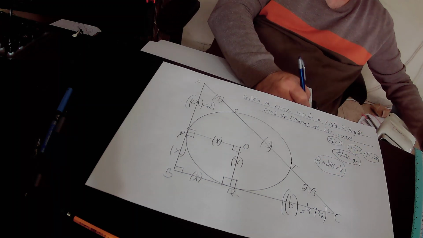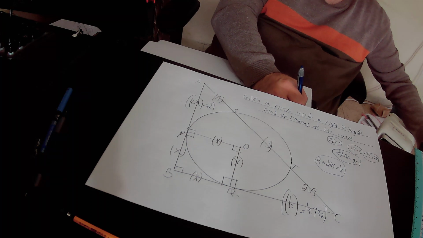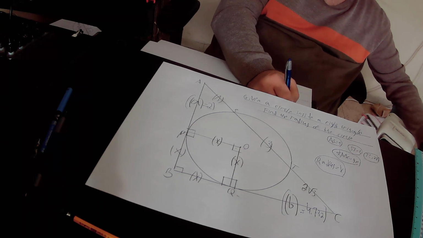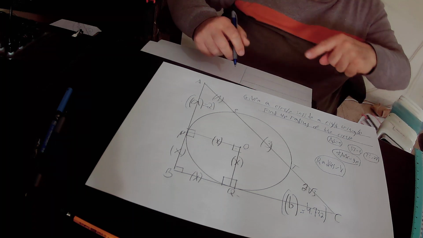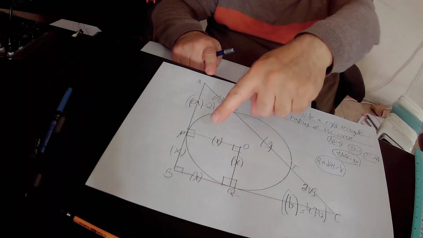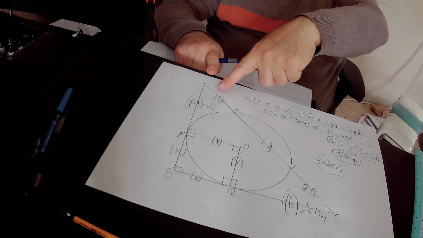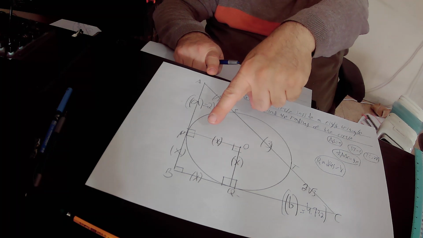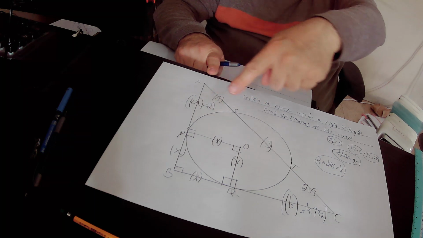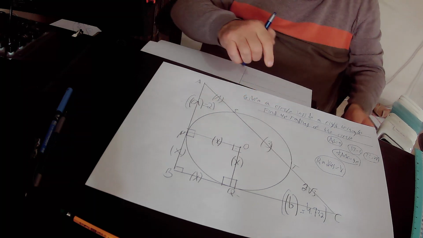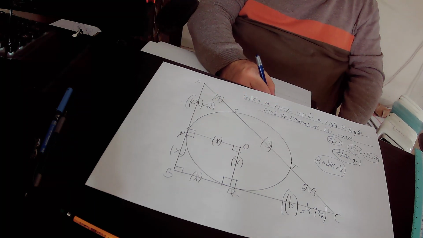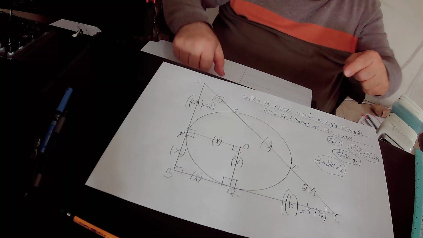And therefore AC squared will be equal to (4 plus 2 times square root of 3) squared. And it is equal to AB squared. AB equals 2 plus x, or x plus 2, therefore AB squared equals (x plus 2) squared, plus BC squared.